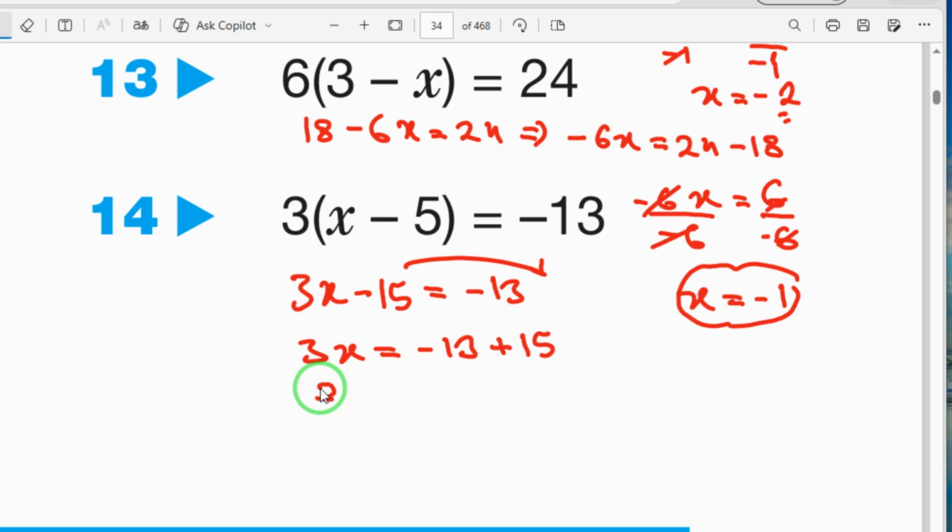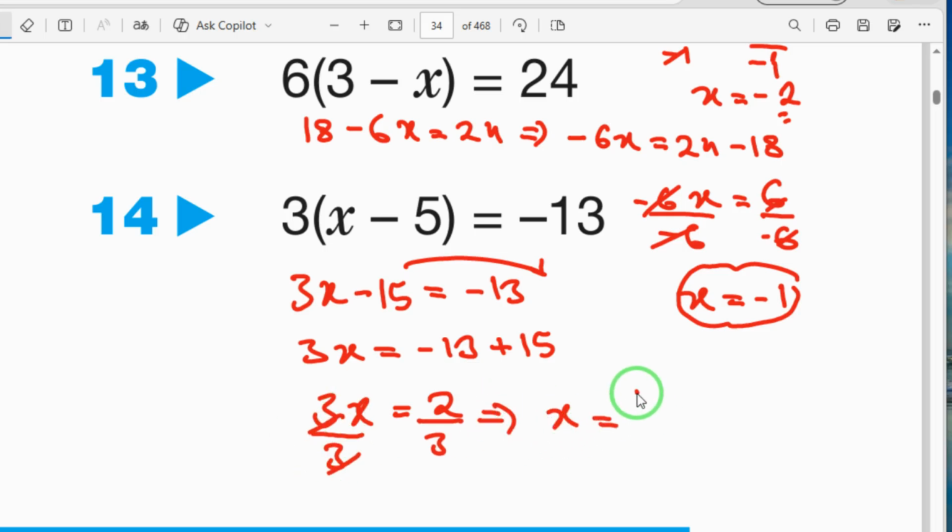So here we have 3x, this one is positive. x is equal to, here we subtract minus 13 plus 15, which remains only 2. Then we divide both sides of the equation by 3. Here x is equal to 2 over 3. This is the answer.